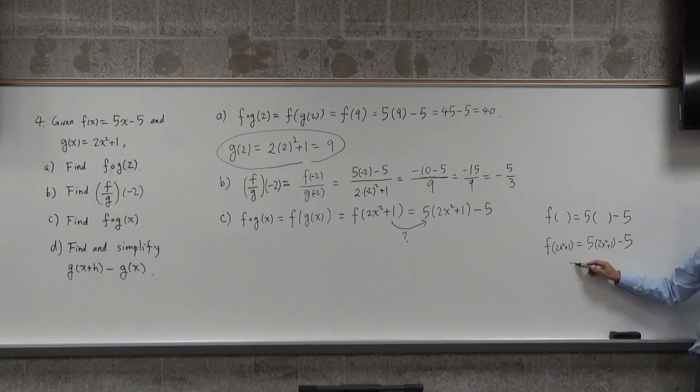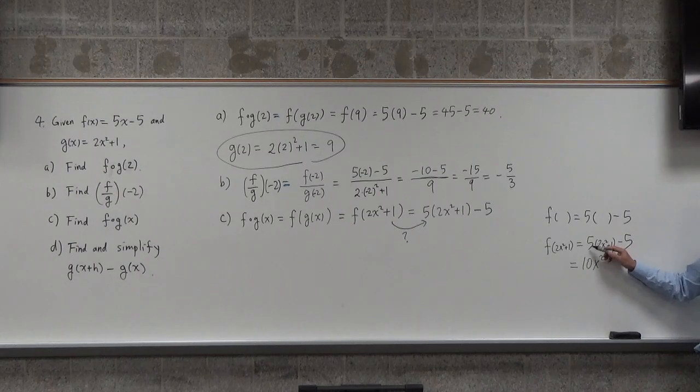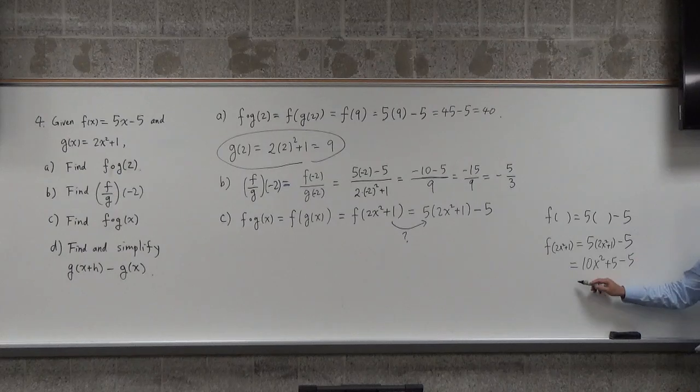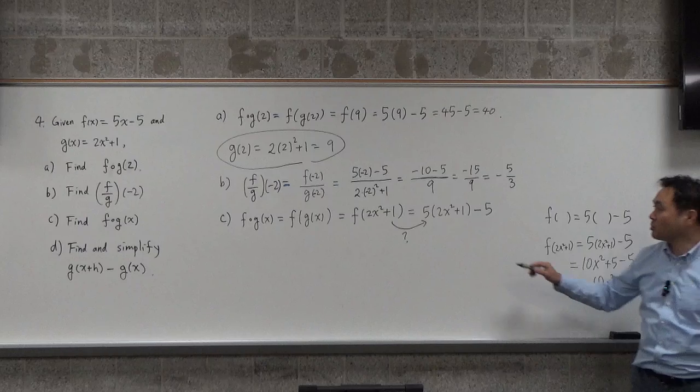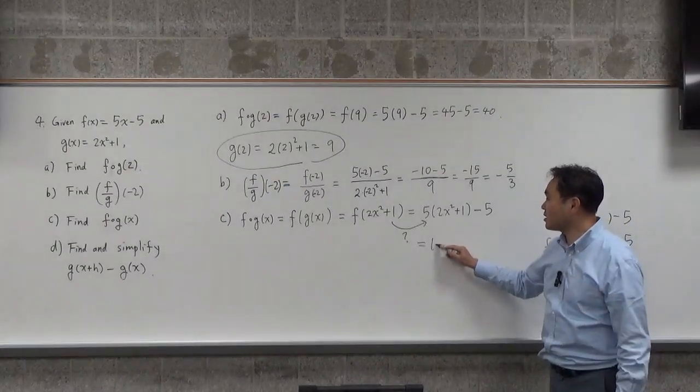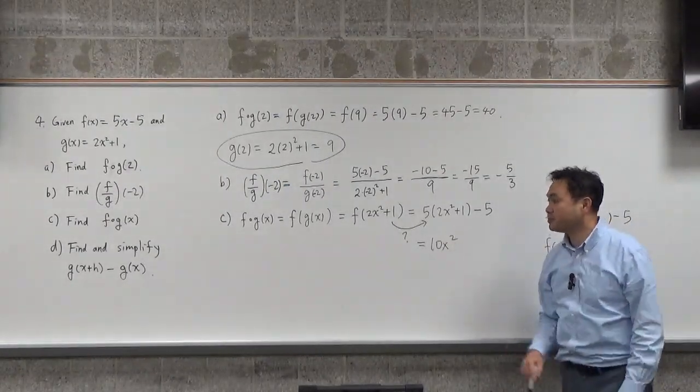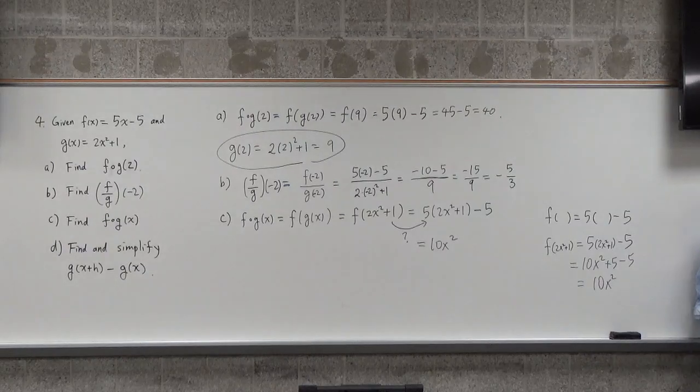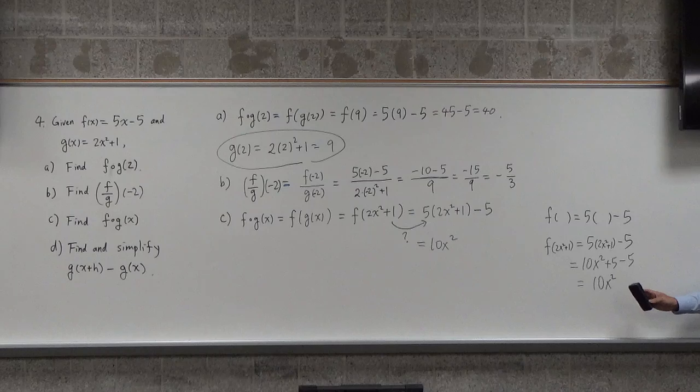Okay. And that gives you 5 times 2x squared, which is 10x squared. 5 times 1, which is 5, minus 5, and that's equal to 10x squared, right? So we see that the final answer to this is 10x squared. Is this okay?